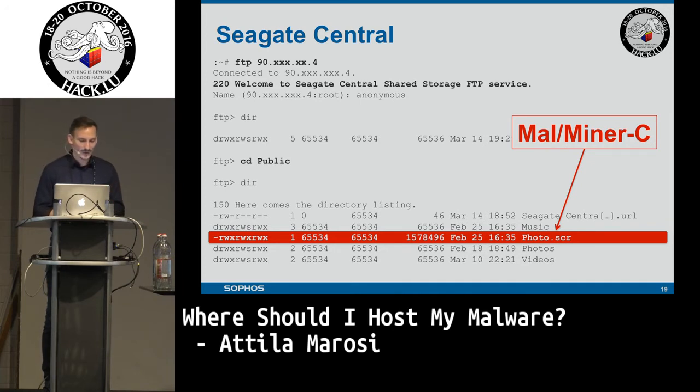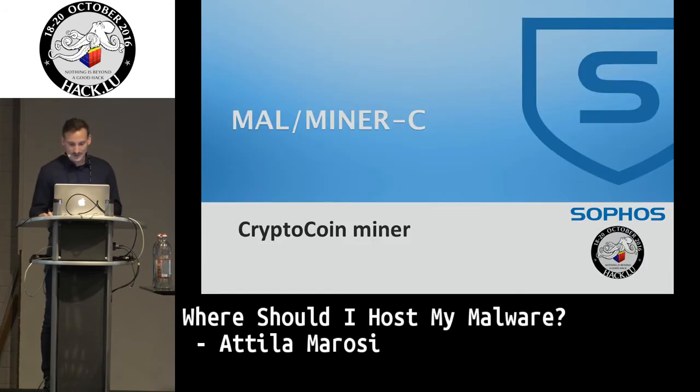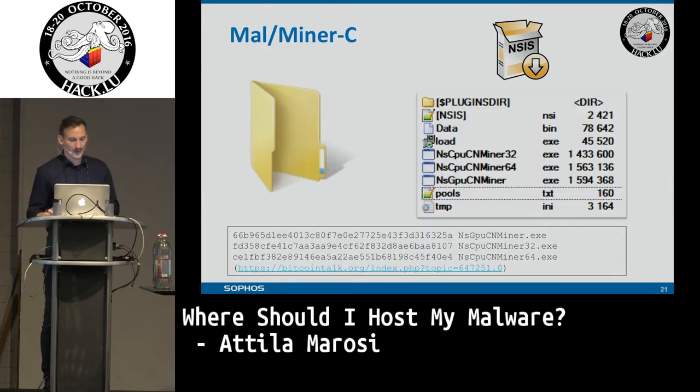If you log into one of the Seagate Central devices, or even an IP address which is already infected or hosts malware, you may see something like this. As you can see, there is a photos folder, and there is a photo SCR, which is the malware. If you map that device and that folder, you may be confused by the names, and as you will see, the icon could also confuse you.